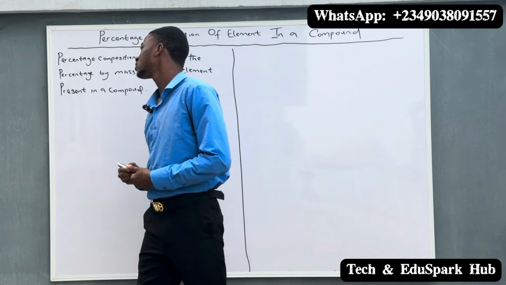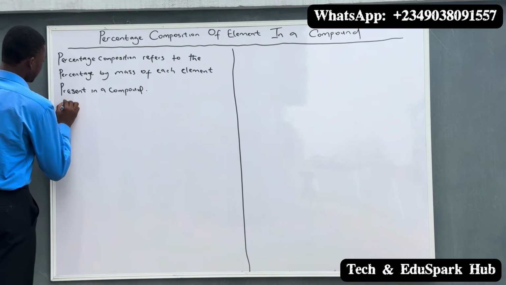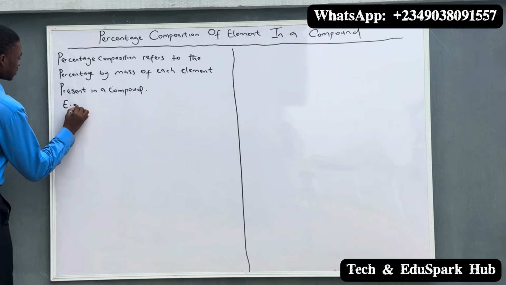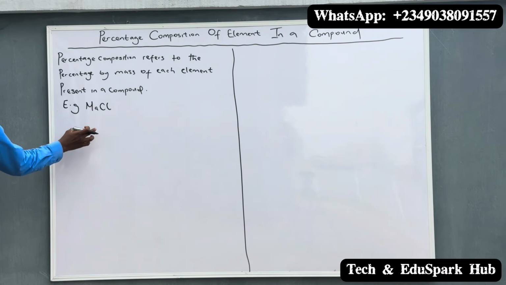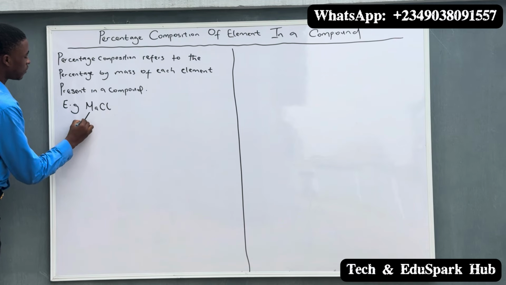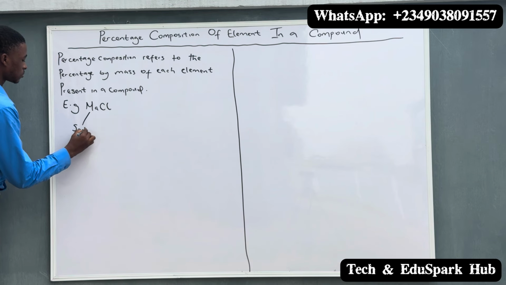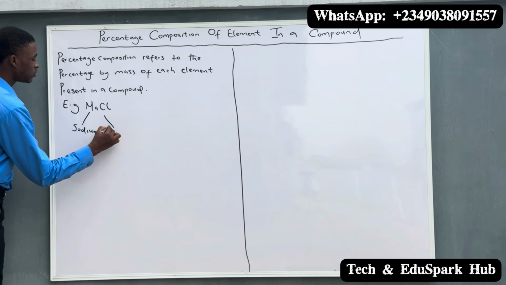For example, let's say we have the compound NaCl, which is known as sodium chloride. You can see this compound is made up of sodium and it is also made up of chlorine.